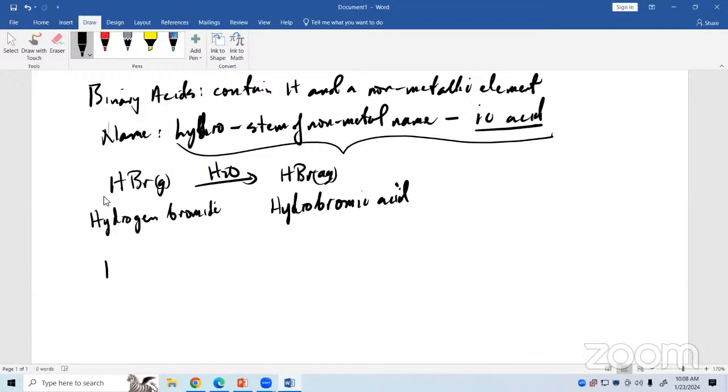Okay, here's another example. H2Se gas. All right, what do you think the name of this compound is, before you add it to water?